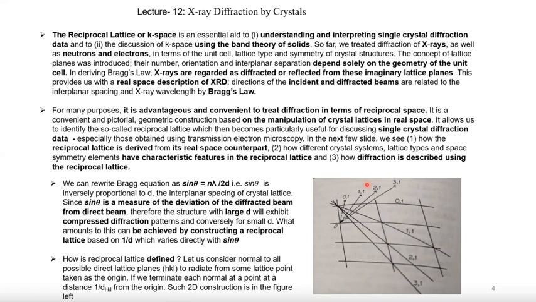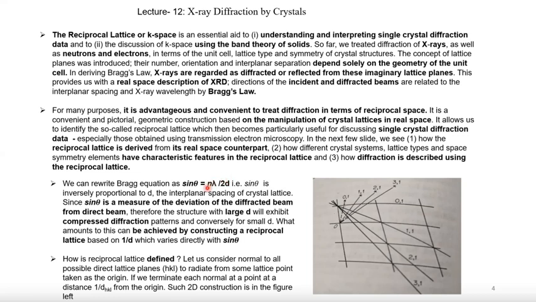And then diffraction is described using the reciprocal lattice. We have been using diffraction, but not with the reciprocal lattice. It was just the Bragg equation with real space data. But now we'll see that we can also describe the reciprocal lattice system with the Bragg equation.